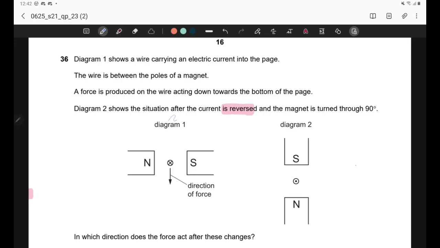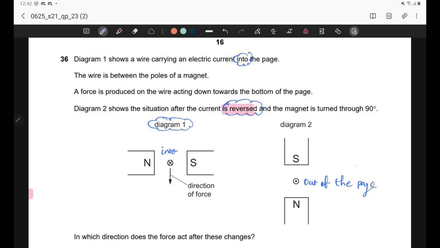In diagram 1, the current was flowing into the page, but in diagram 2 the current is reversed. That means the current is flowing out of the page in the second diagram.